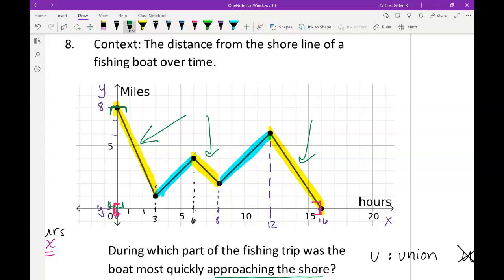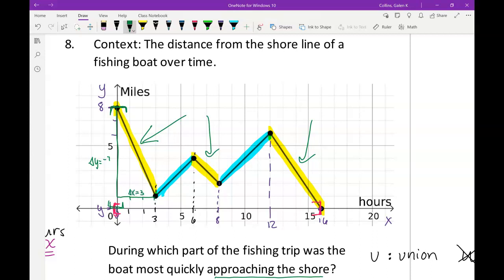So if I look at these 3 yellow intervals, if I make what we call sometimes a slope triangle, I could see that for this first one, from 8 to 1, my delta y here is -7 over 1, 2, 3. My delta x is 3 there.